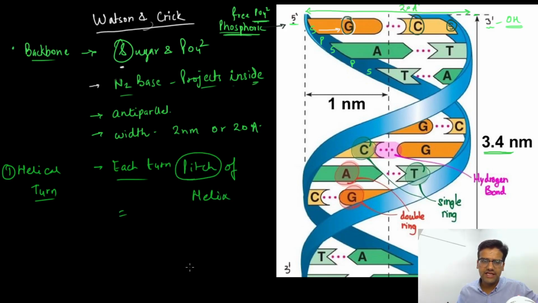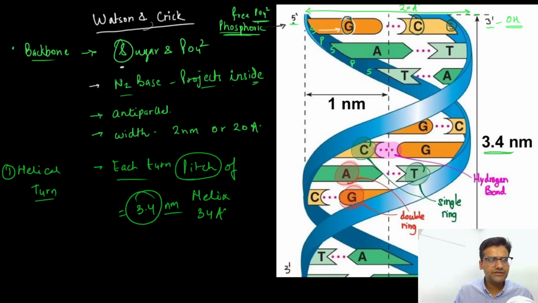So the pitch of the helix is 3.4 nanometer or 34 angstrom. And in each turn of the helix, there are 10 base pairs.